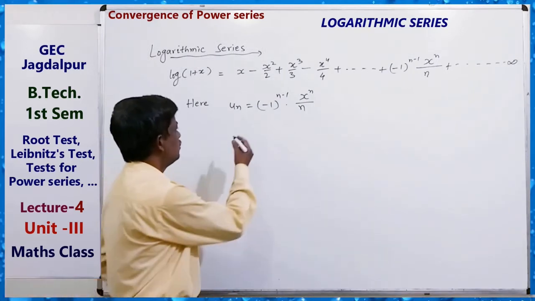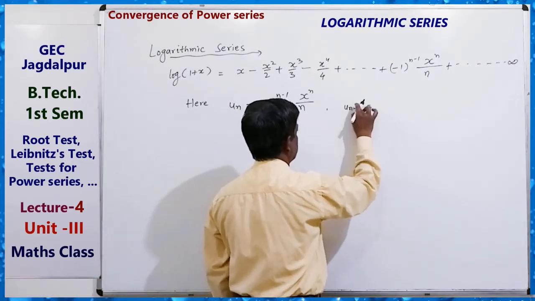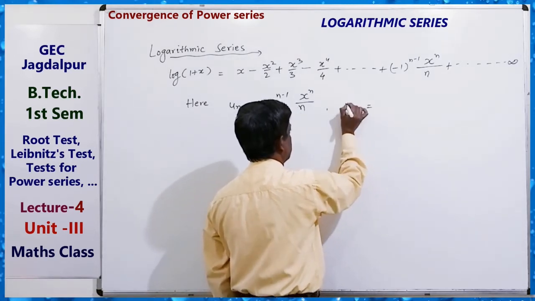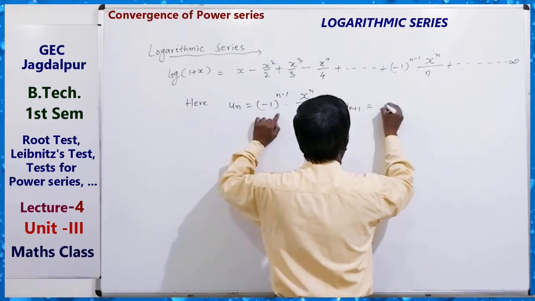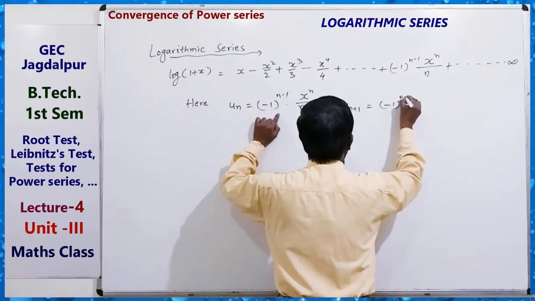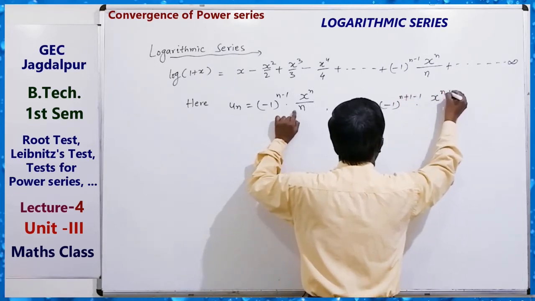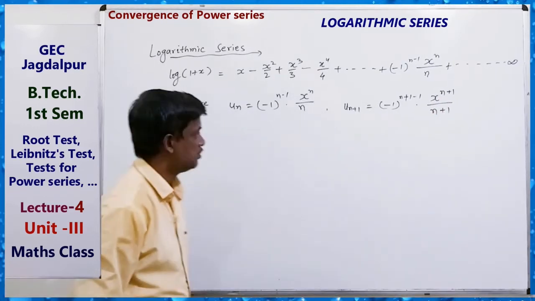Here u(n) equals this, and u(n+1) equals minus 1 to the power n into x to the power n plus 1 upon n plus 1.